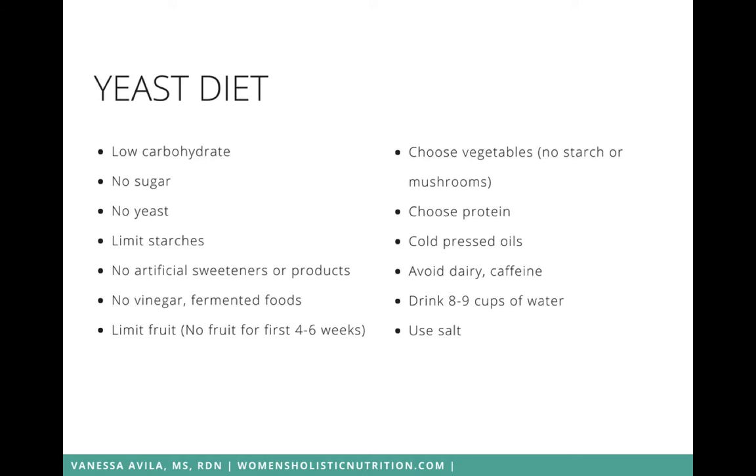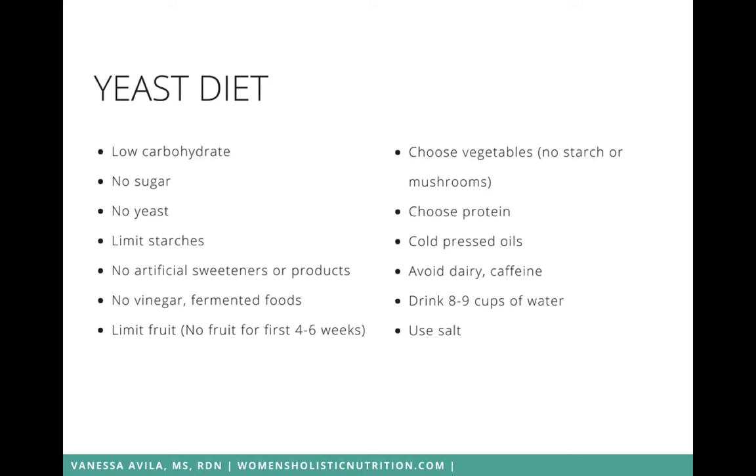So your yogurt, your milk, those are carbohydrates, and the carbohydrates turn into sugar, and the sugar feeds the yeast. So we want to starve off the yeast. That's why we want to go low carb. So yeast diet is low carb, no sugar. That's the goal. No yeast.